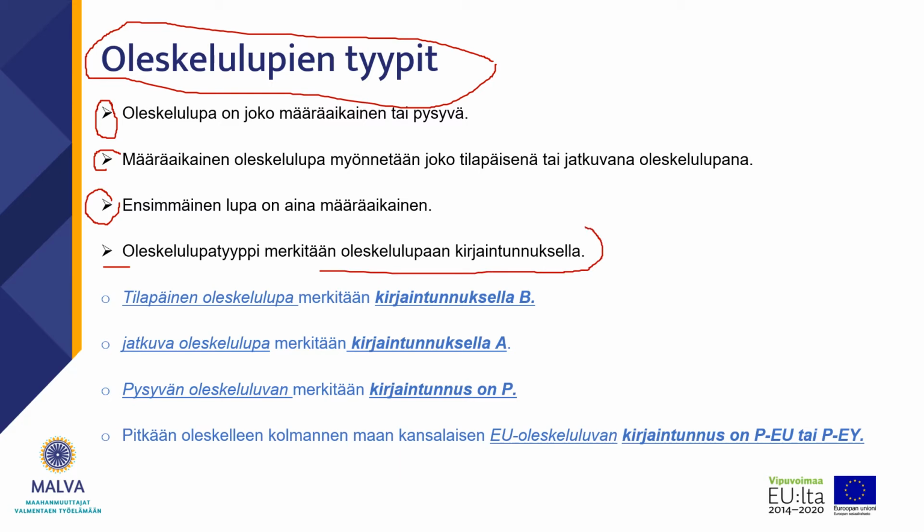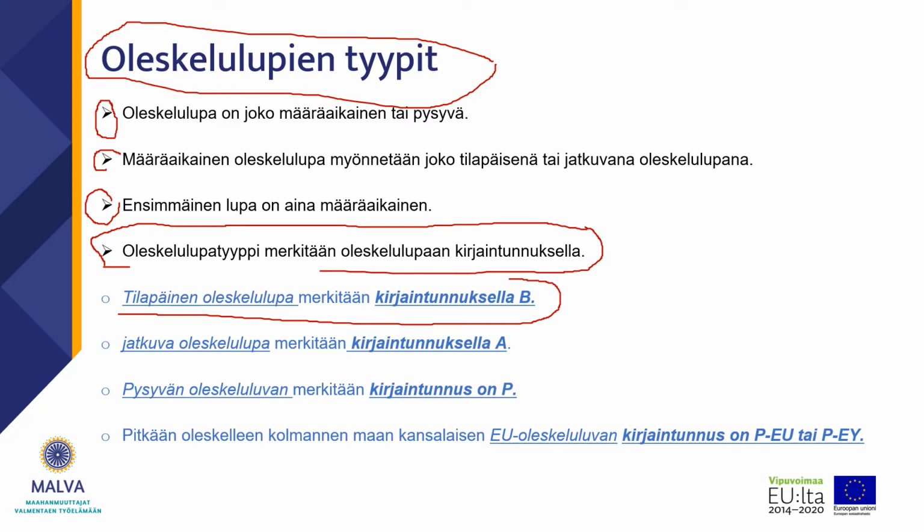On your residence permit card there will be a letter, for example A, B, P or PEU or PEY. So what that actually means, here is the explanation, and links attached with it can provide you more information.